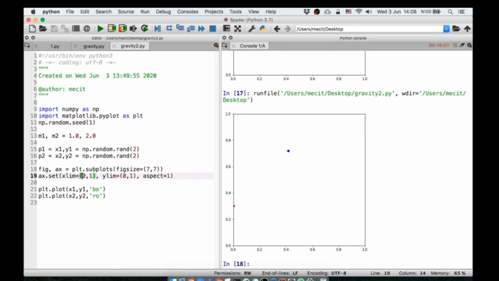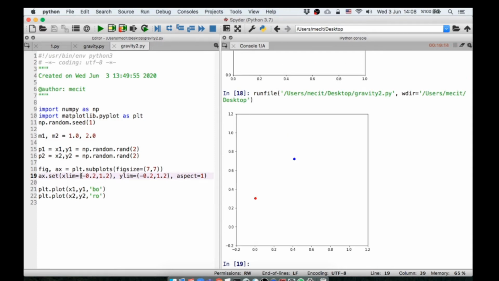I think it's better if I extend limits so that even if they are near the boundaries, I can see them clearly. Okay, this is good. Now I have a dead space on my corners, but at least I can see my points clearly. Good.